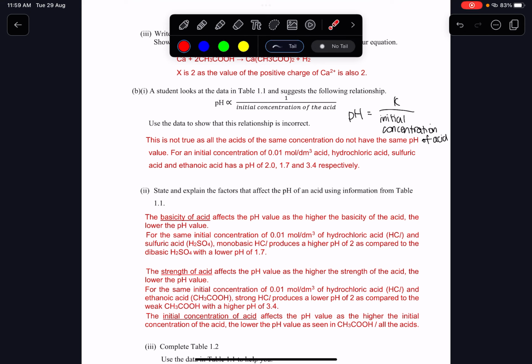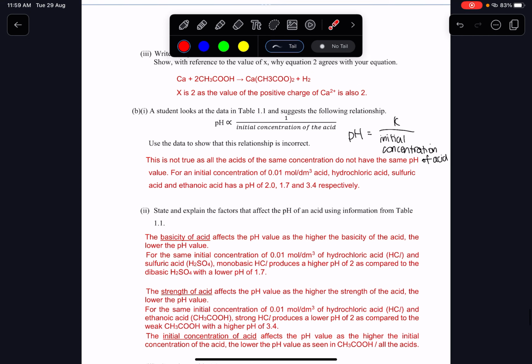But a lot of you only used one set of data, which is insufficient. They said use data to show the relationship is incorrect. How can you prove that when you only use one set of data? You use one pH with one concentration and solve for k. You cannot prove that. Similar to math, to show whether k is constant, you have to show that k is constant.